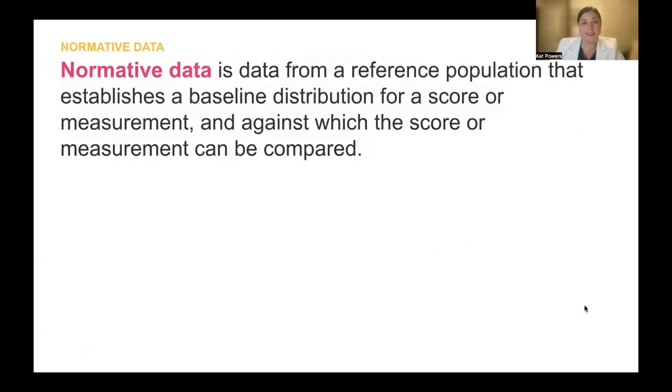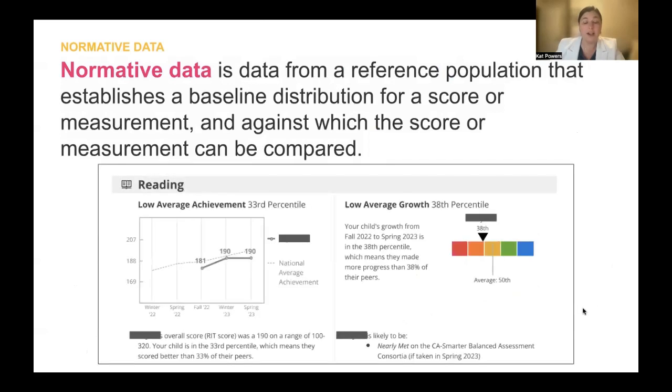Now, the RIT scale score is compared with normative data. Normative data just means that it's referencing a population to establish a baseline distribution for a score or measurement. This allows you to see where a student is comparatively to national averages and national scores, so you can norm the RIT scale score to see where a student is falling.